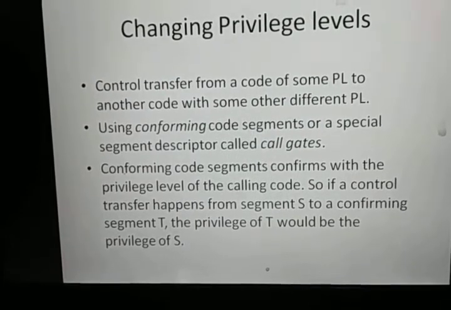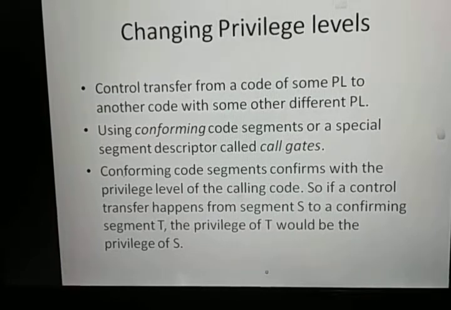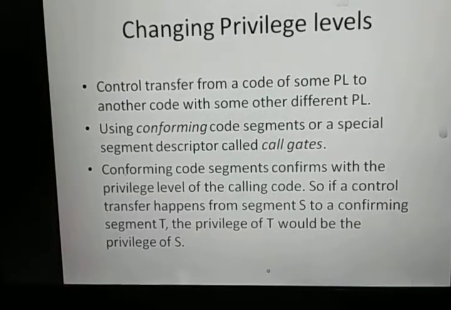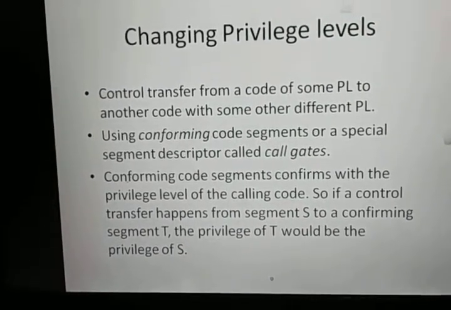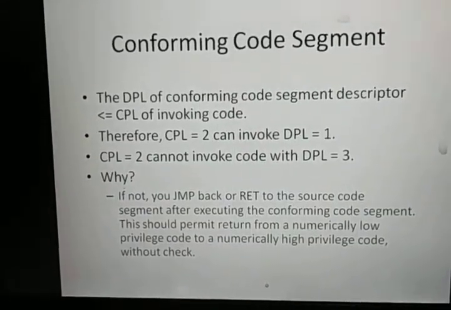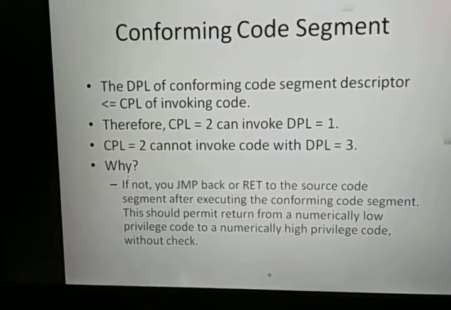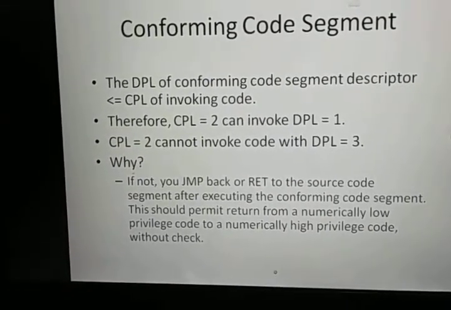Meaning that a conforming code segment doesn't have an inherent privilege level. If you are calling from a different privilege level, the conforming code segment's privilege level is equal to the calling privilege level. That's why we can change the privilege level. The DPL of the conforming code segment descriptor is less than or equal to the CPL of the invoking code.